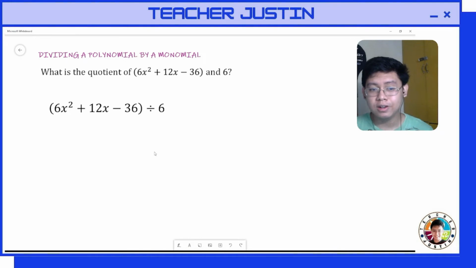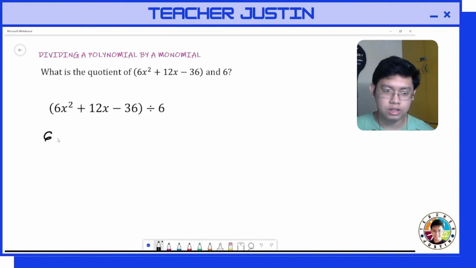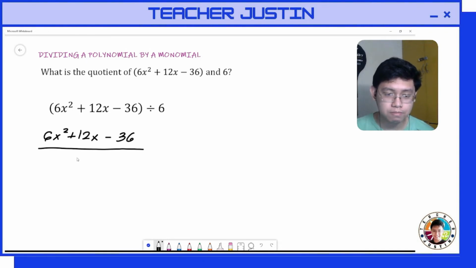And to better simplify this, to make it easier, let's convert this algebraic expression to a fraction form. Okay, so 6x squared plus 12x minus 36 will be our numerator, while our denominator will be 6.